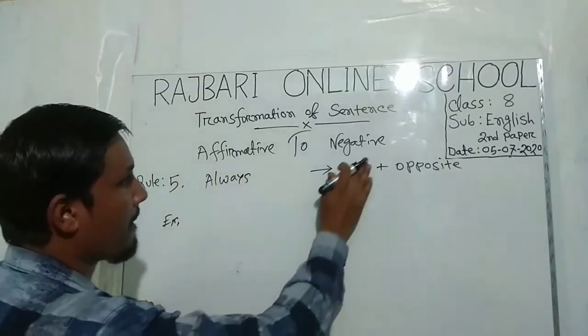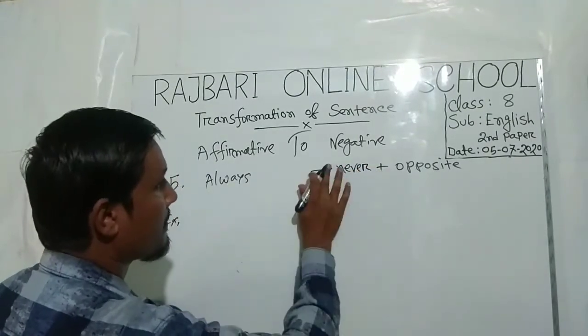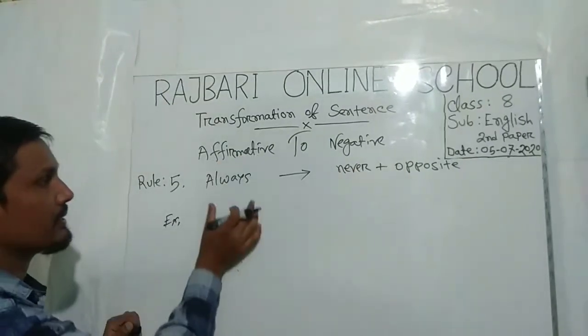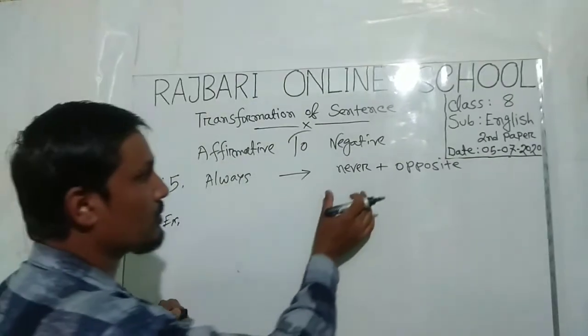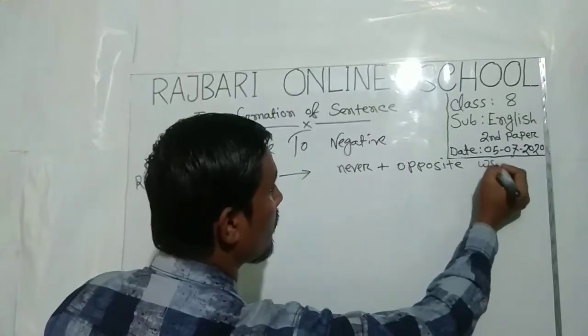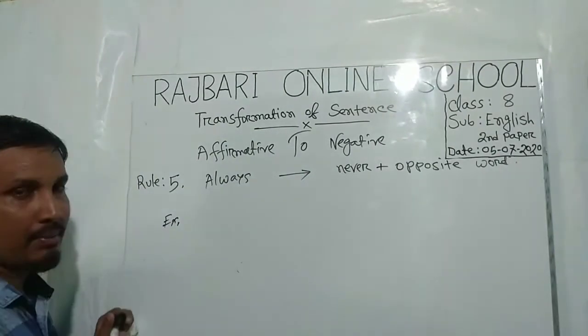Always. If you see in the affirmative sentence always, and you have to use never plus opposite word to do the negative sentence.